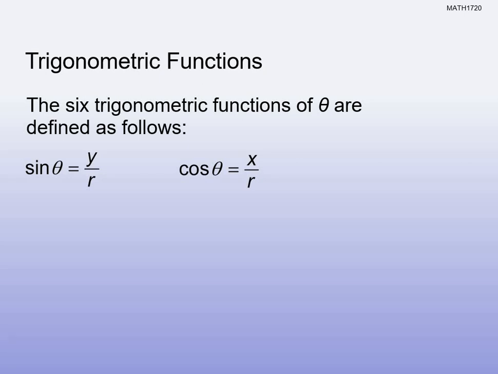So I want you to start thinking of sine as a vertical piece, cosine as a horizontal piece. All right, and then we have tangent, which is a ratio of vertical over horizontal. So y over x. Start thinking in terms of y as a vertical component, x as a horizontal component.